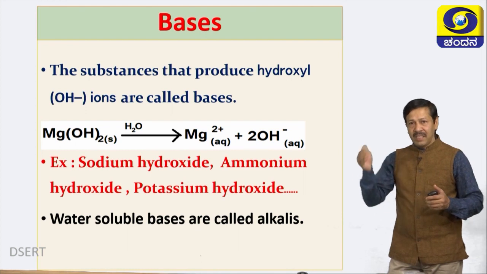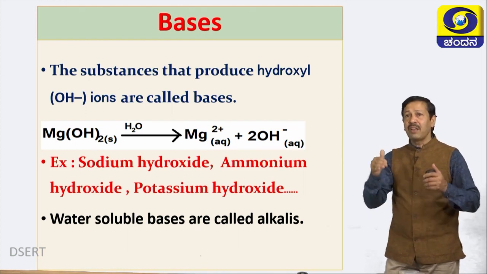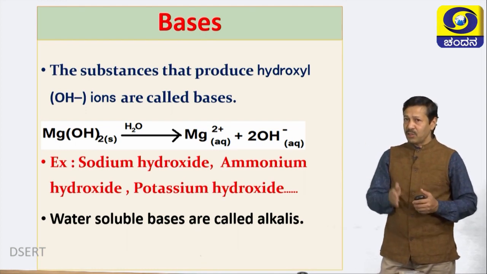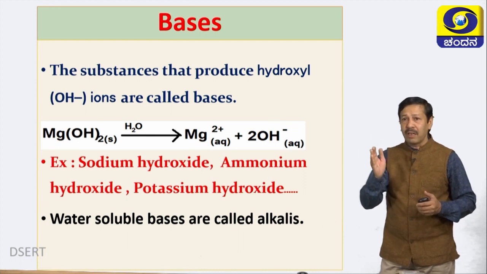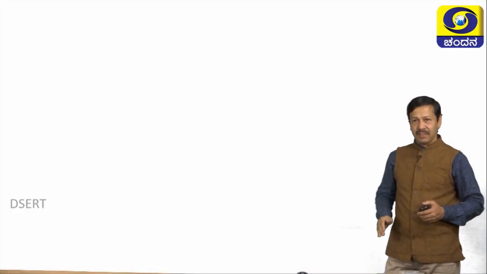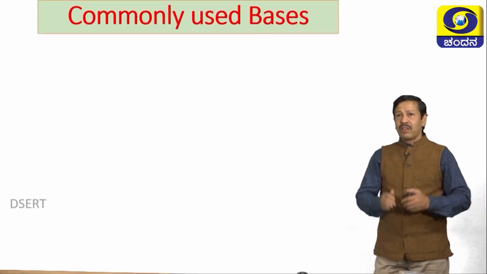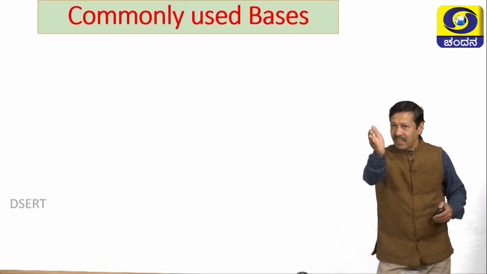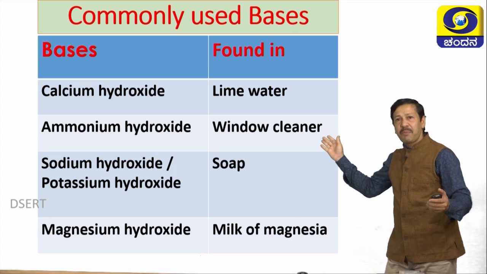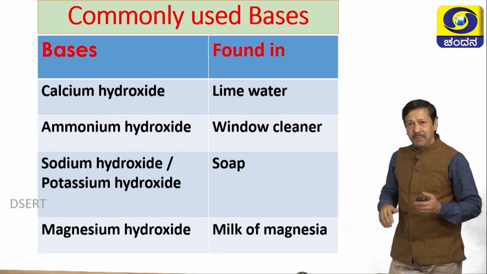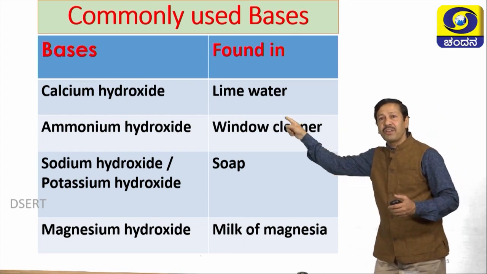If these are soluble in water, you call them alkalis. So water soluble bases are called alkalis. Now commonly used bases, here is the list. Calcium hydroxide is found in lime water.